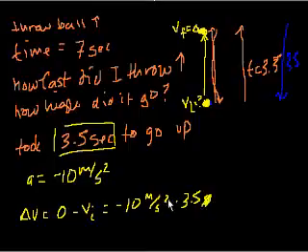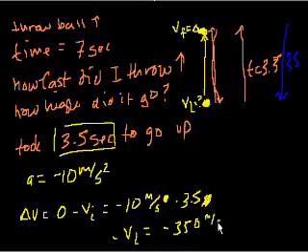So this seconds cancels out with one of the seconds in the denominator here. And so let's see. So I get minus vi is equal to minus 350 meters per second, right? Minus 10 times, that's 3.5, not 35. So it's minus 35 meters per second. Something was looking suspicious.